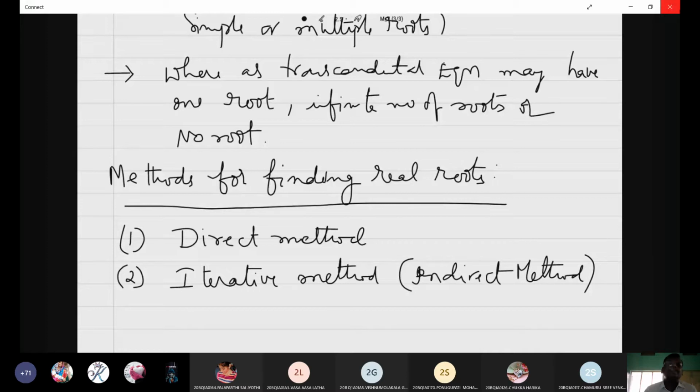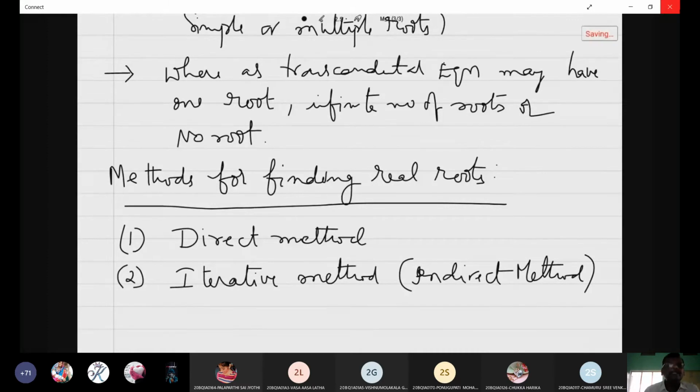These are the four methods that we have to study in our syllabus: the bisection method, and the Regula falsi method or method of false position.